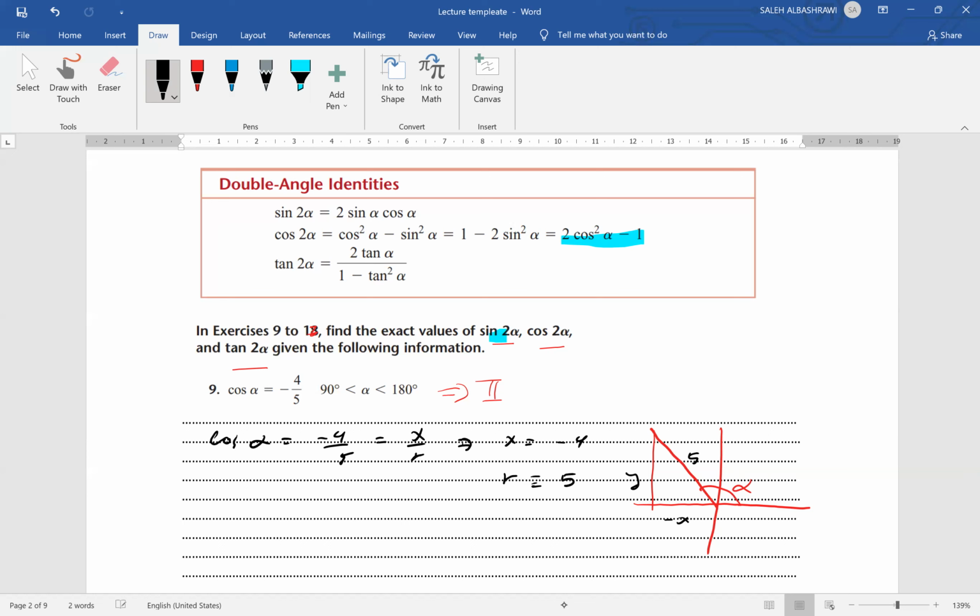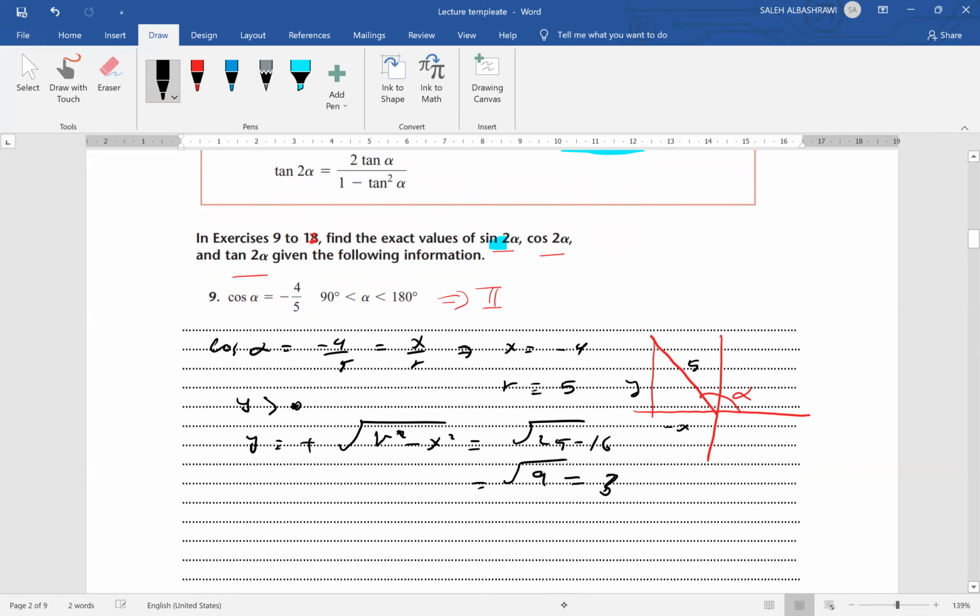Y in the second quadrant is positive. So y will be plus square root of r square minus x square, which is equal to 25 minus 16. This will give me square root of 9, which is equal to 3. So y is equal to 3.